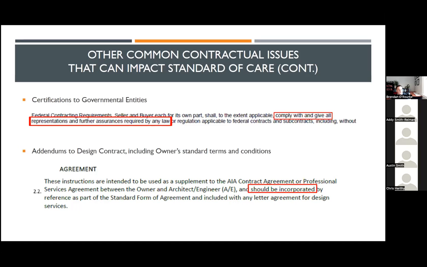You just want to make sure that in reviewing those additional terms and conditions that are going to be incorporated into your contract, you're not undoing all the work that you did in taking care of some of the issues that I've highlighted already.